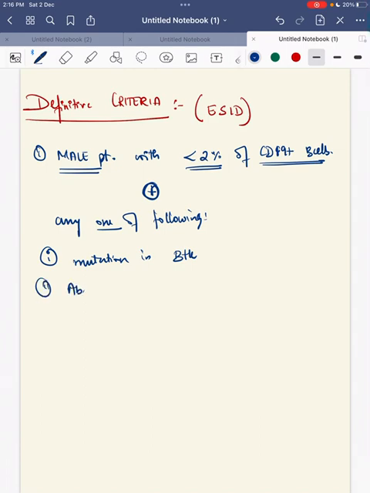Second, you can show absent BTK mRNA in northern blot analysis, or absent BTK protein in monocytes and platelets.